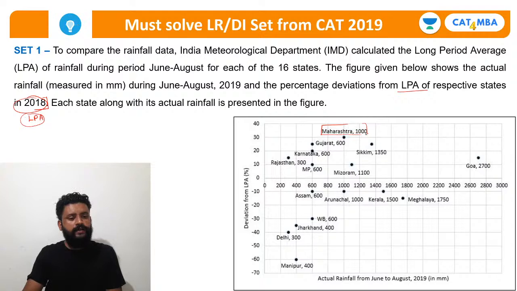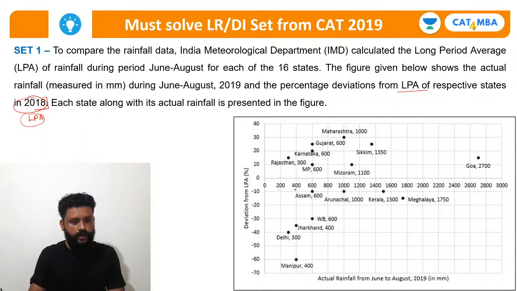महाराष्ट्र का ये जो 1000 है, what is this 1000, Nicole? Can you just drop in the comment? If you look at this 1000, this is the June to August 2019 में actual rainfall measure किया गया, 1000.